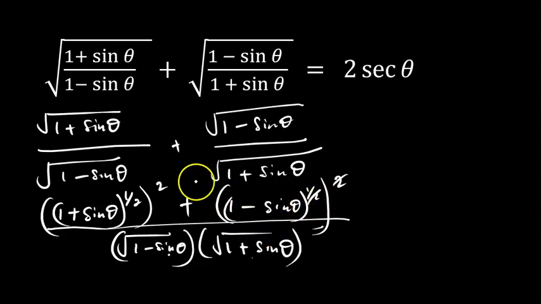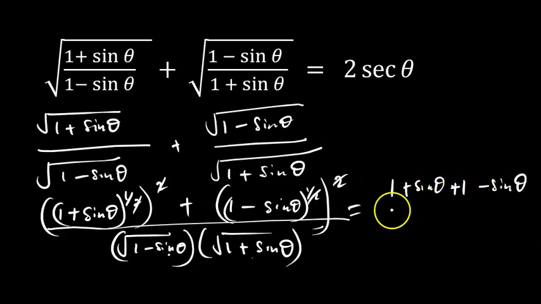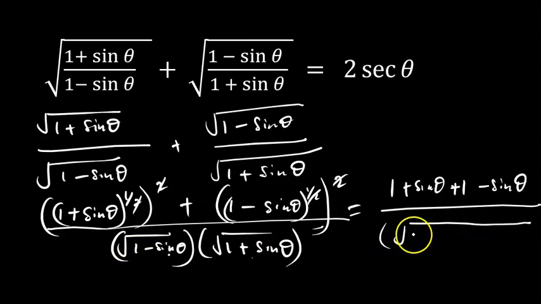So the 2 here cancels with the power half each time, giving 1 plus sine theta. I'll be left with 1 plus sine theta plus 1 minus sine theta all over the root of 1 minus sine theta into 1 plus sine theta, which is how I can express my LCM. Now, 1 plus sine theta plus 1 minus sine theta, the sine theta cancels.